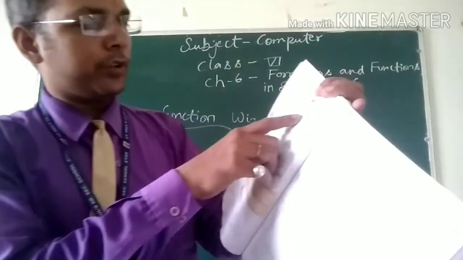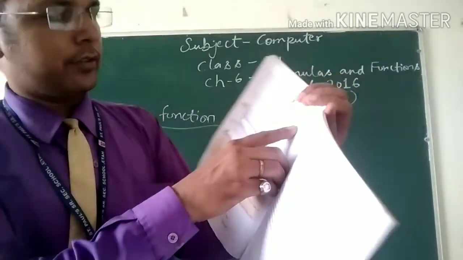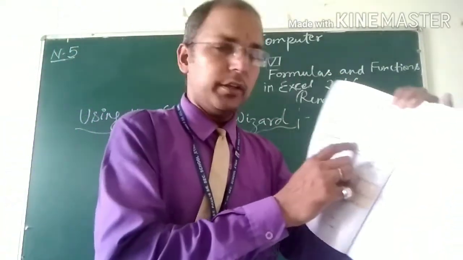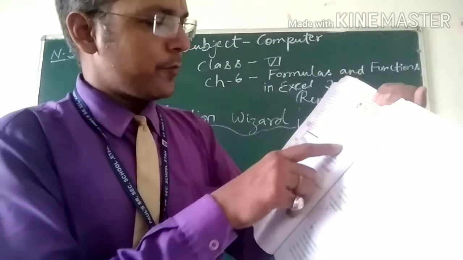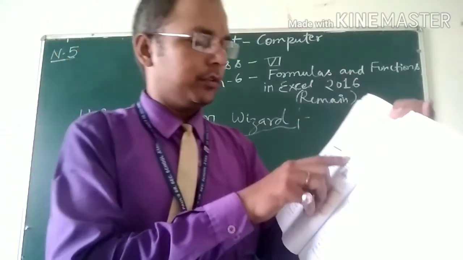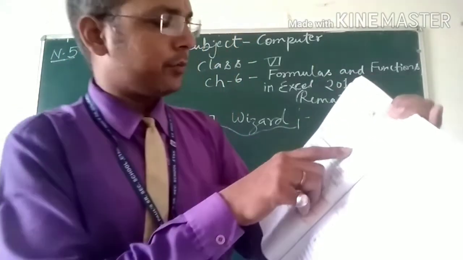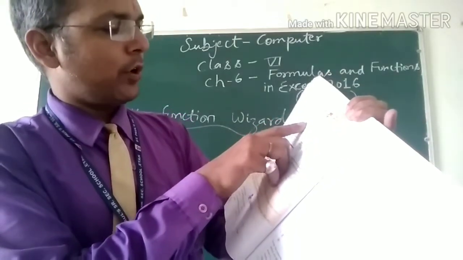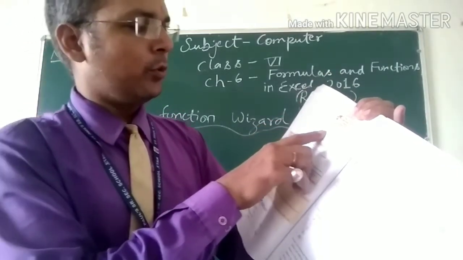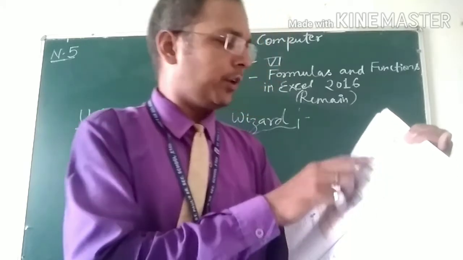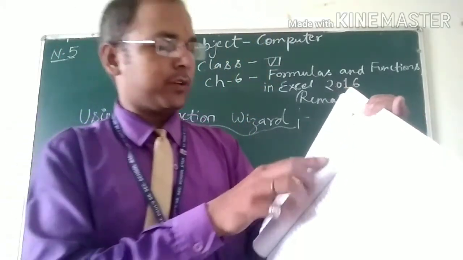The Function Arguments dialog box appears as in Figure 6.15. Here the Function Arguments dialog box prompts you to enter numbers. You can enter the range of cells in the Number 1 text box.